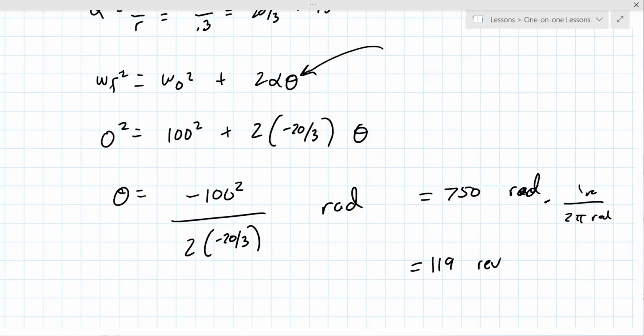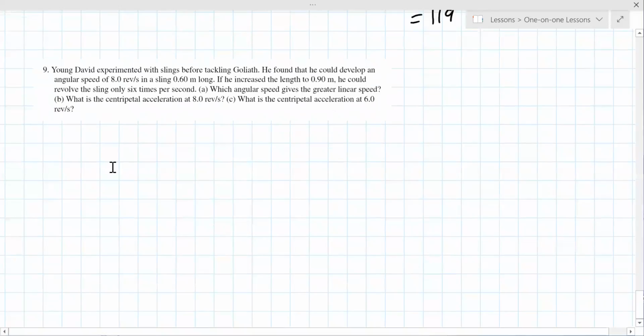On number 9. Young David experimented. He found that he could develop an angular speed, that's omega, of 8 revolutions per second in a sling that's 0.6 meters long.